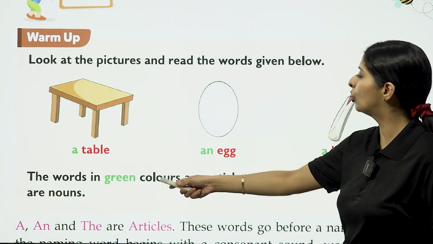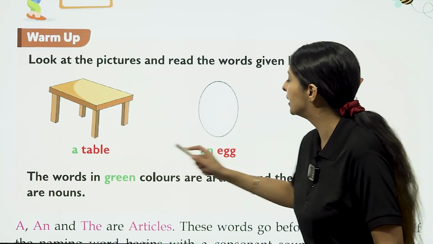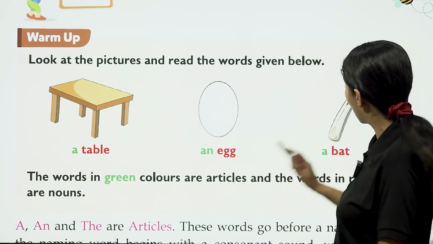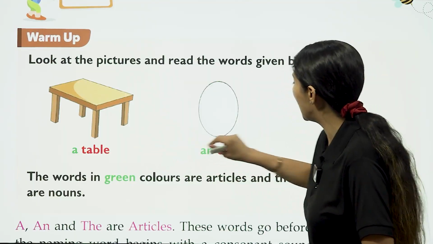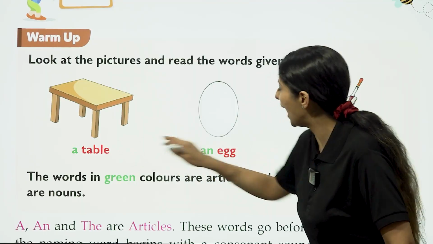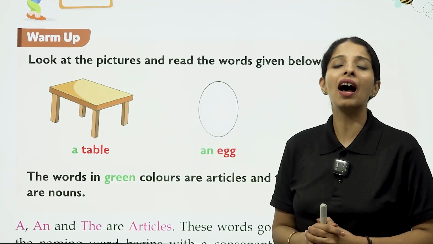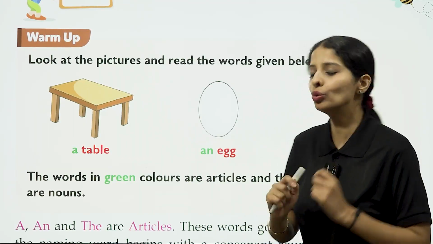The words in green colors are articles and the words in red are nouns. Egg is a thing, and bat is a thing. So table, egg and bat are the naming words or nouns, and the A and An are the articles that we put before the nouns.